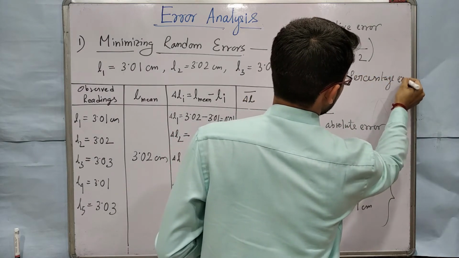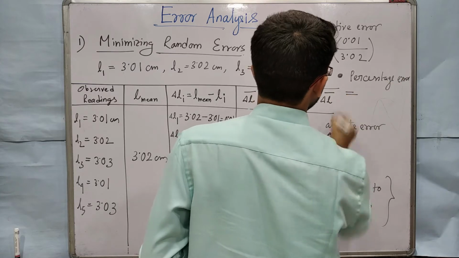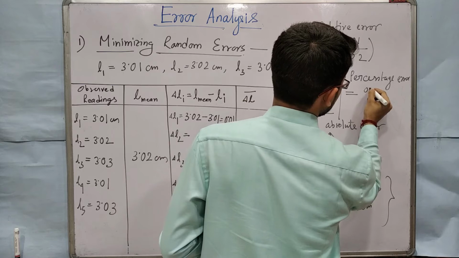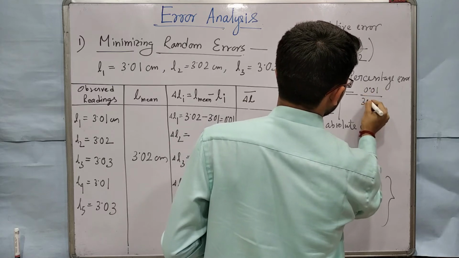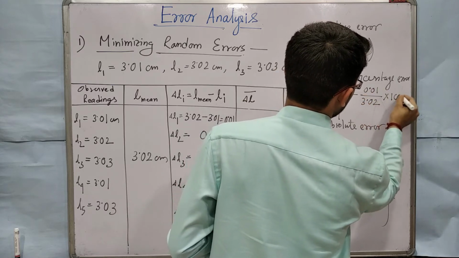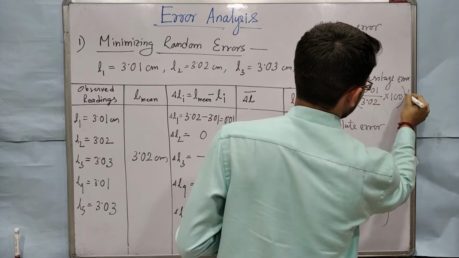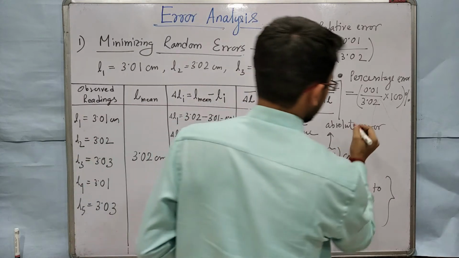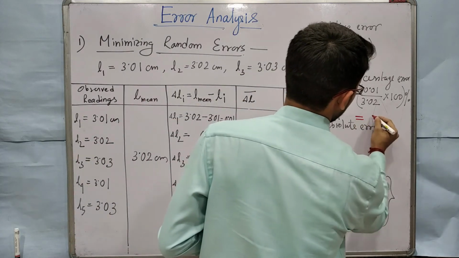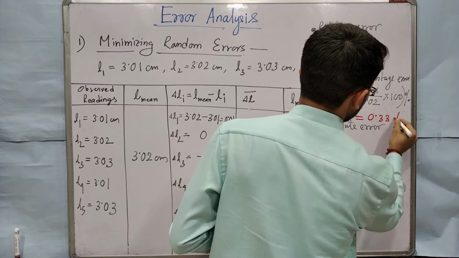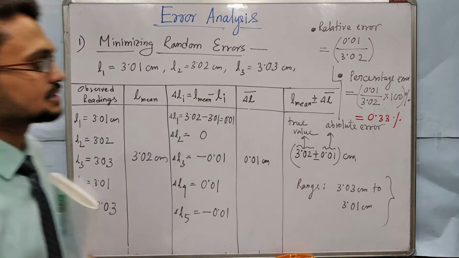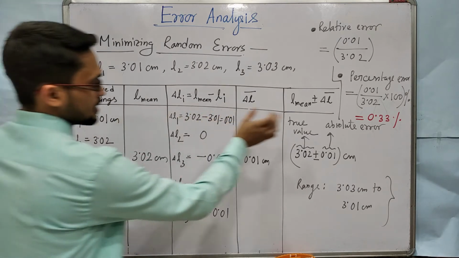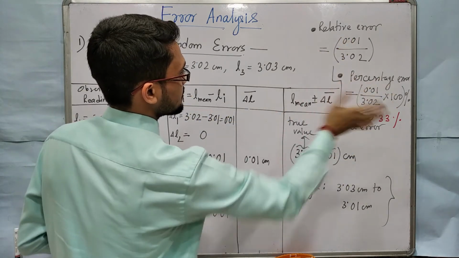Percentage error is relative error into 100. So it will be 0.01 by 3.02 into 100. And at the end you will get the result almost equal to 0.33%. Okay. Understand? So in this way we have to calculate the absolute error, relative error, and percentage error for this kind of problem.